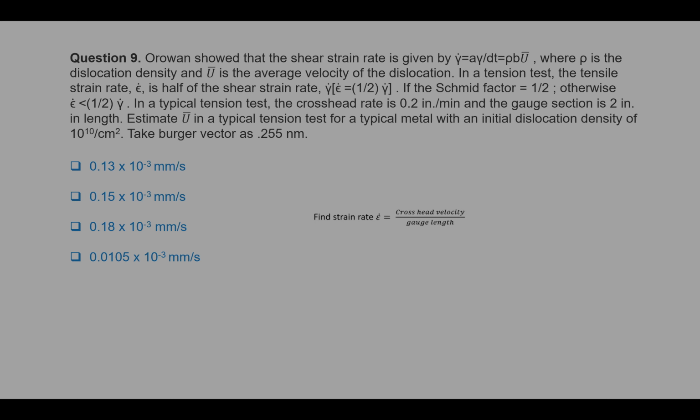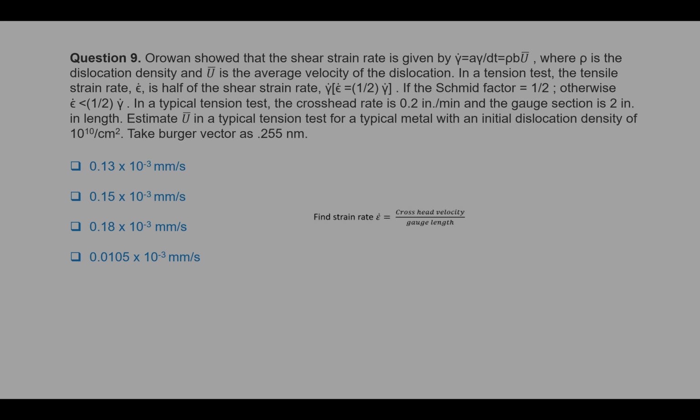In a tension test, the tensile strain rate is half of the shear strain rate if the Schmid factor is 0.5, otherwise epsilon is less than half of gamma.